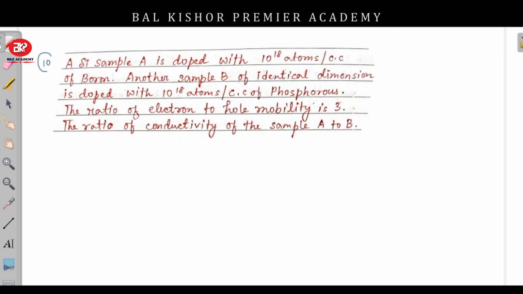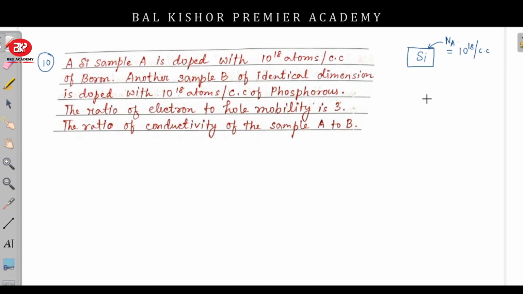A silicon sample A is doped with 10 to the power 18 atoms of boron per cc. That means we have doped boron, which is acceptor doping, and the acceptor doping value is 10 to the power 18 per cc, that is centimeter cube.